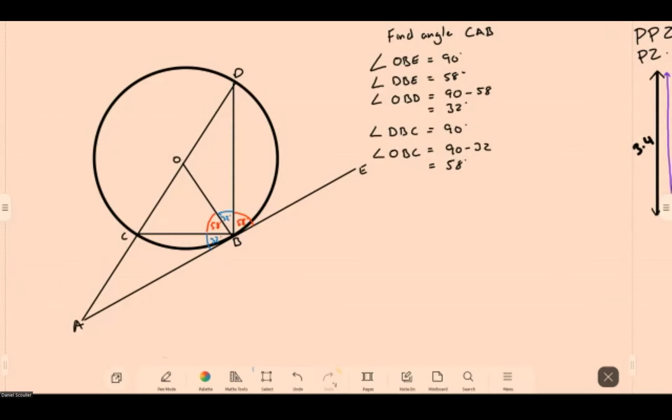Where I bring the radius O to B and it meets the tangent ABC, it creates two right-angled triangles. So angle OBA and OBE are 90 degrees. So I know that angle ABC is going to be 32.